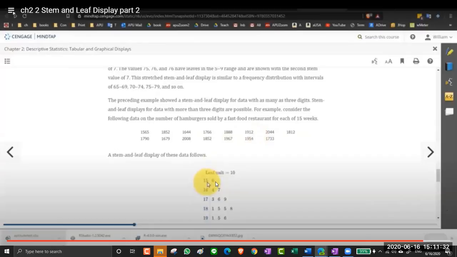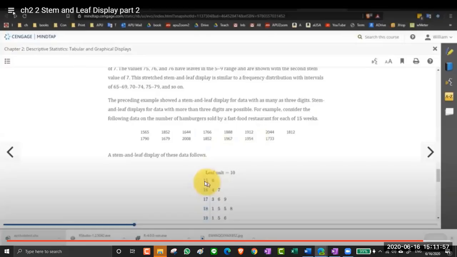This is actually a 60 because the leaf unit is 10. So when we go from 15 to 16, we're going from 1500 to 1600. Yeah, right. So this is going from 1500 to 1600.